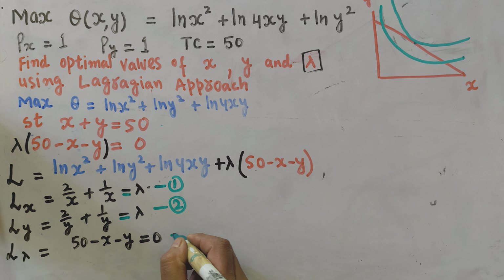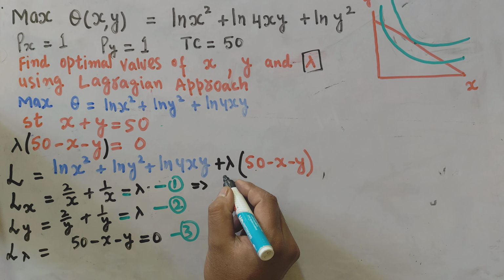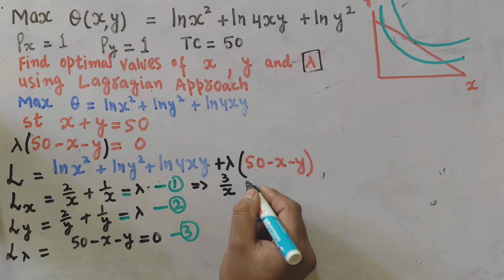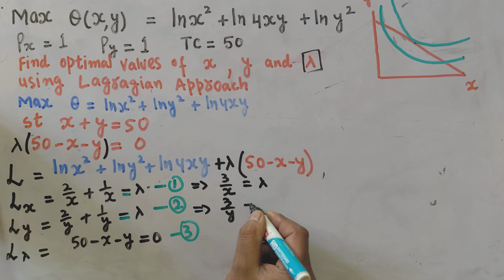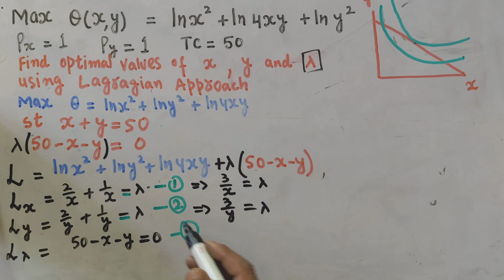dividing 1 by 2. Or if I further solve here, so we have same denominator, so 2 plus 1 is 3 upon x. 3 upon x is equal to lambda. Here it implies 3 upon y is equal to lambda. Dividing equation 1 by 2, what will we get?